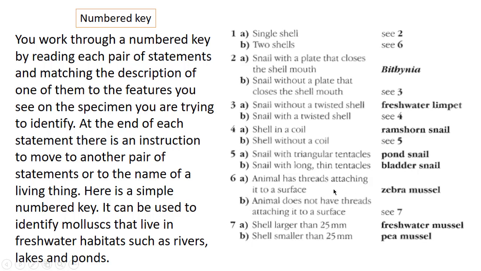If it's this one, it's a zebra mussel. But if the animal does not have threads attaching to the surface, you go to 7, and it's about shell size. If the shell is larger than 25 millimeters, it's a freshwater mussel, or if it's smaller than 25 millimeters, it's a pea mussel.